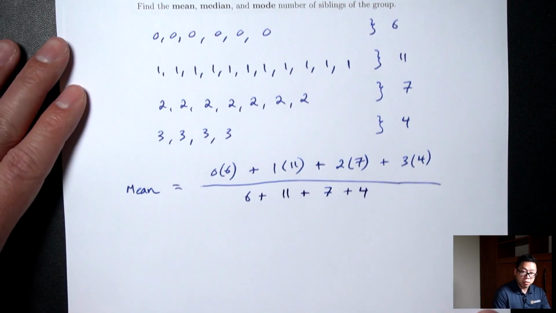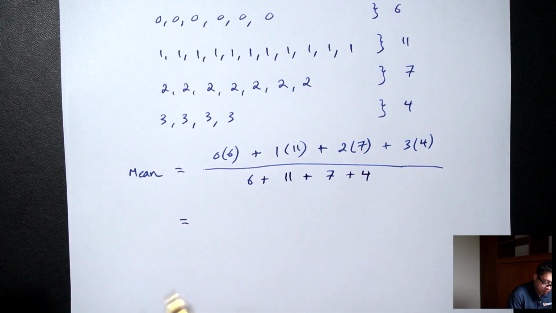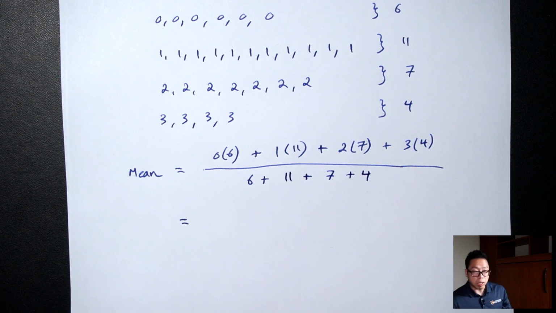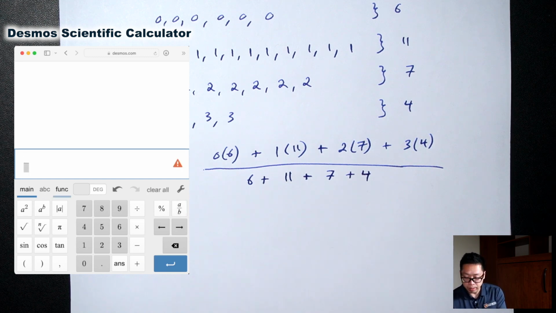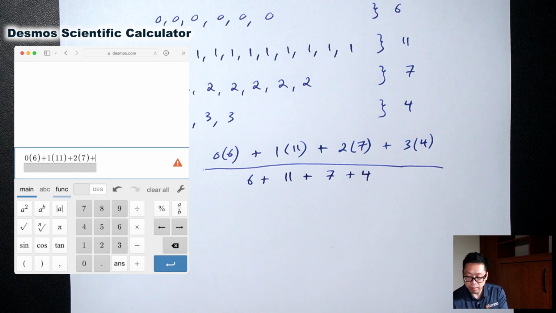And now let's enter this into a calculator. So I recommend using the Desmos Scientific Calculator and just enter it exactly like you see it here. Fraction up top, 0 times 6 plus 1 times 11 plus 2 times 7 plus 3 times 4.